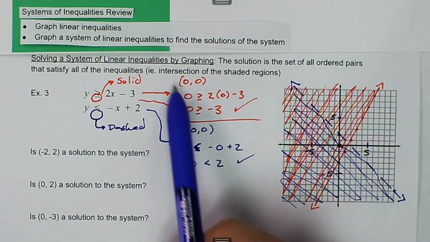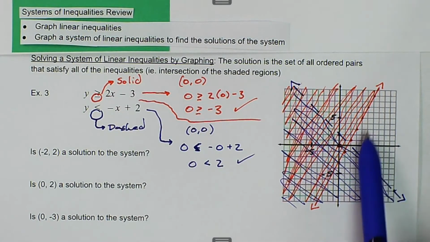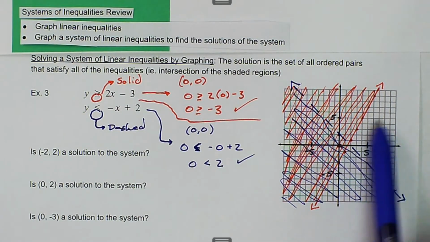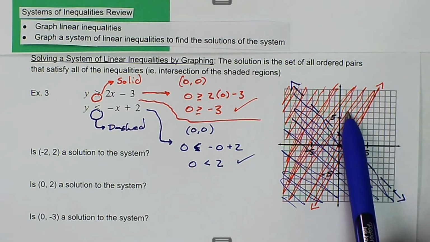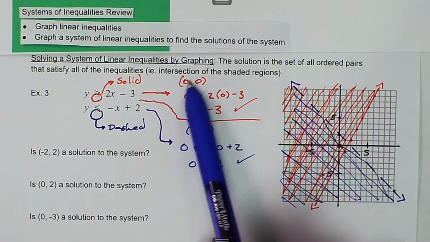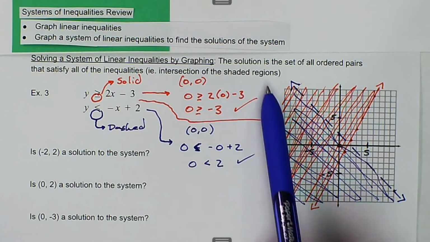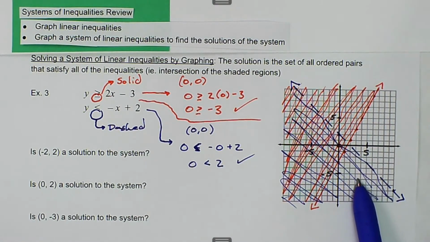So the intersection of the shaded regions is the solution. So here there are 0 shades, right? So this is obviously not part of the solution. Here only the red is shaded in, so that's not part of the solution, because it has to be the intersection of the shaded regions, or both parts. So this is only red and this is only blue.